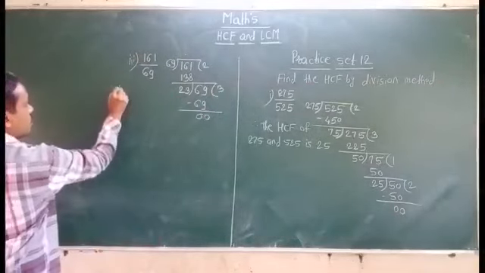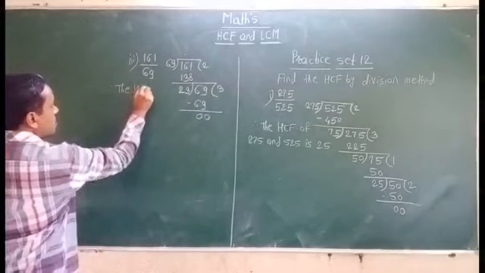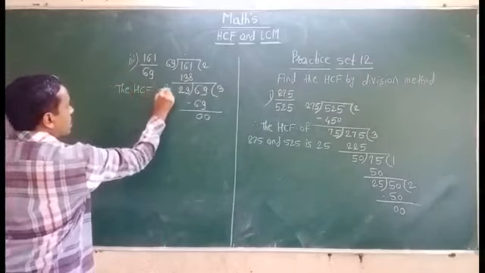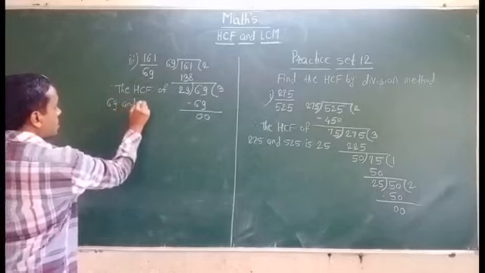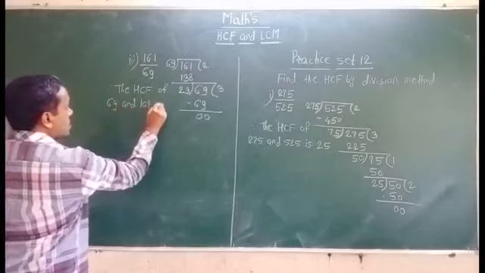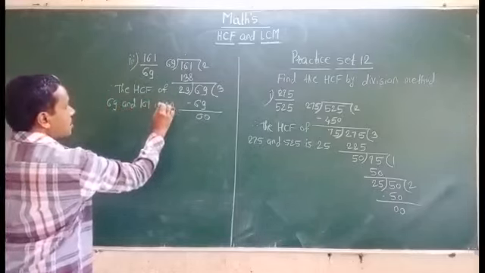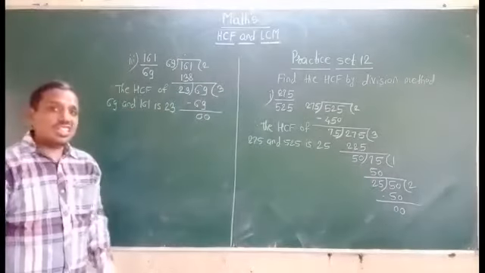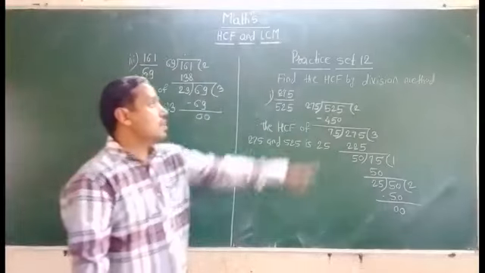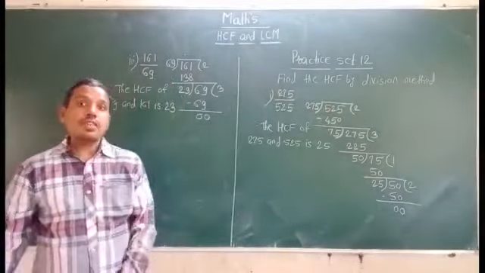So therefore the HCF of 69 and 161 is 23. In this way, we find the HCF of the given two composite numbers by using the division method.